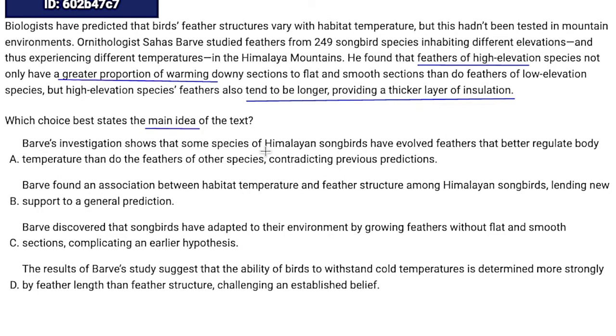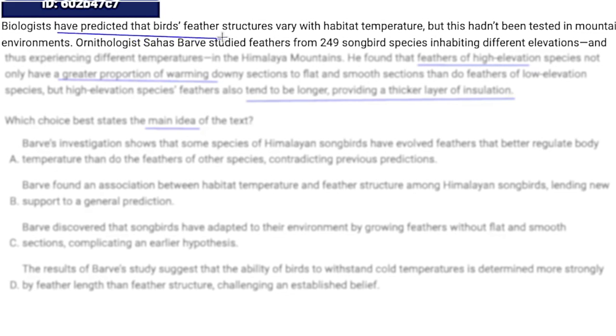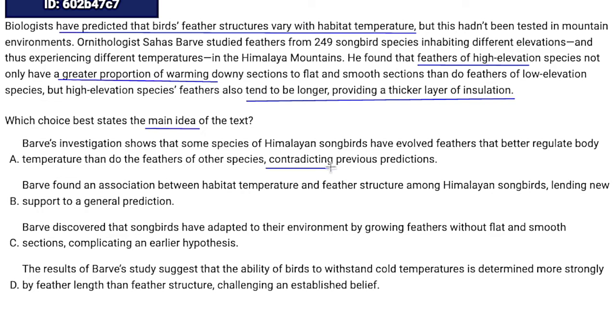A: investigation shows that some species have evolved feathers that better regulate the body temperature than feathers of other species. That's true. Then it says contradicting previous predictions. So what were the previous predictions? The prediction was that birds' feather structures vary with habitat temperature. That's actually what's happening, so it doesn't contradict. So we'd get rid of A, even though the first part was right.